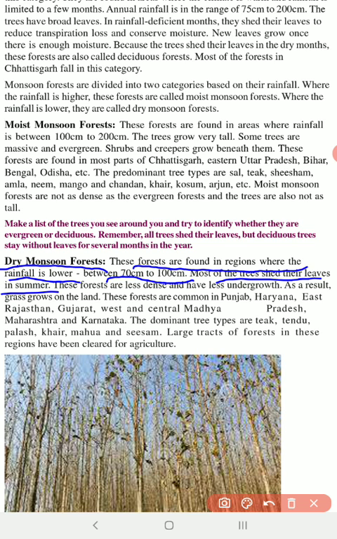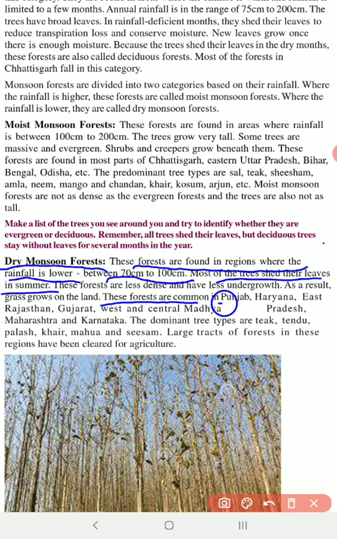Wherever we have the dry monsoon, we usually still have forests, and those trees thrive when there is rain. When the rain is over, they shed their leaves to keep moisture with them, so that they can survive through the winter and summer seasons.